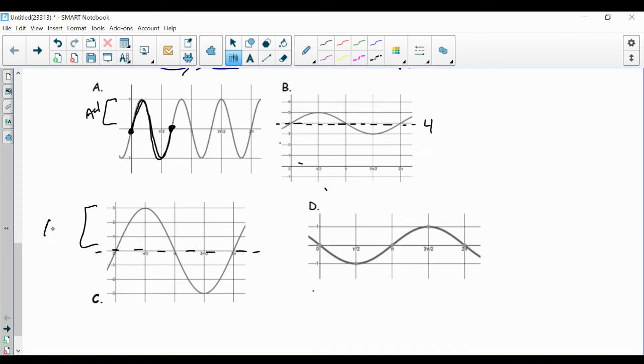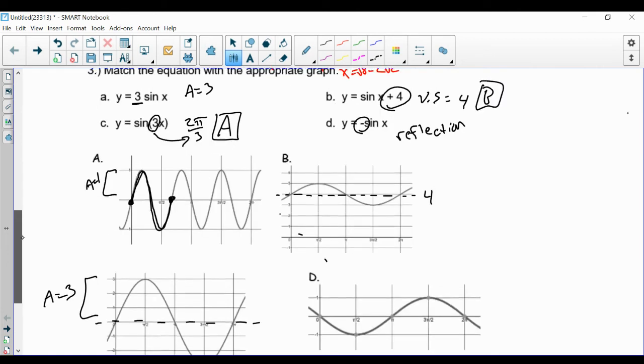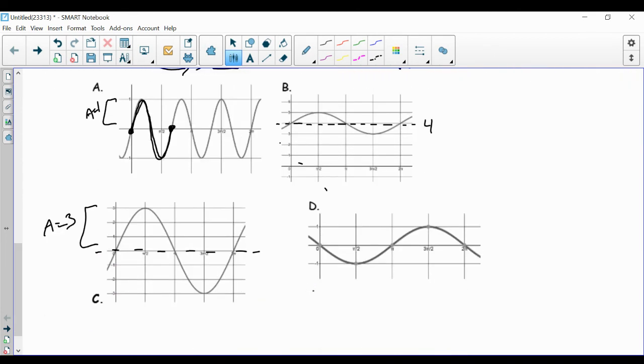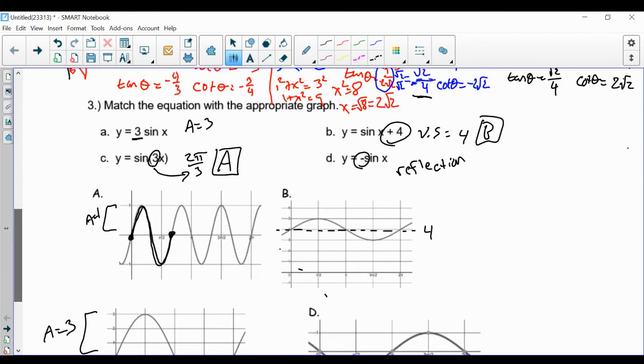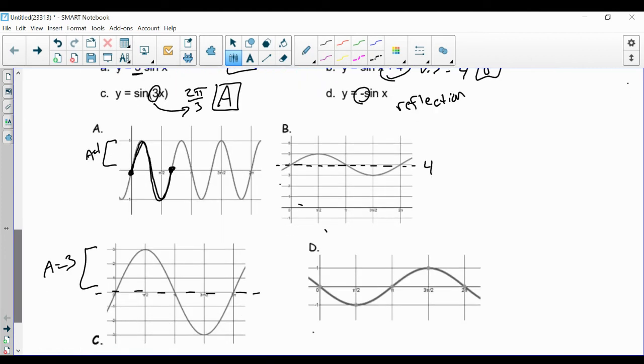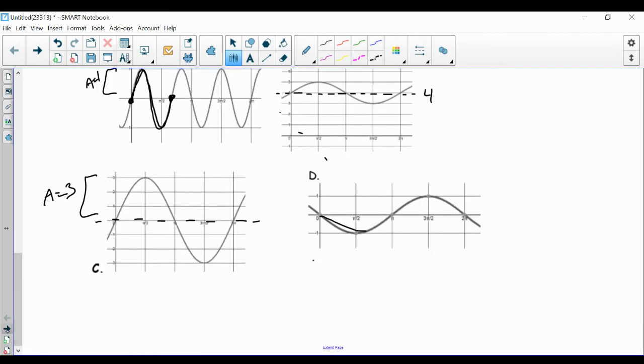Oh, my amplitude is 3. There was one that had amplitude of 3, and that was equation A. So that means C goes with that one. And then obviously the only one left is D for D, and that's because we go down first. Okay. So there's the first page.